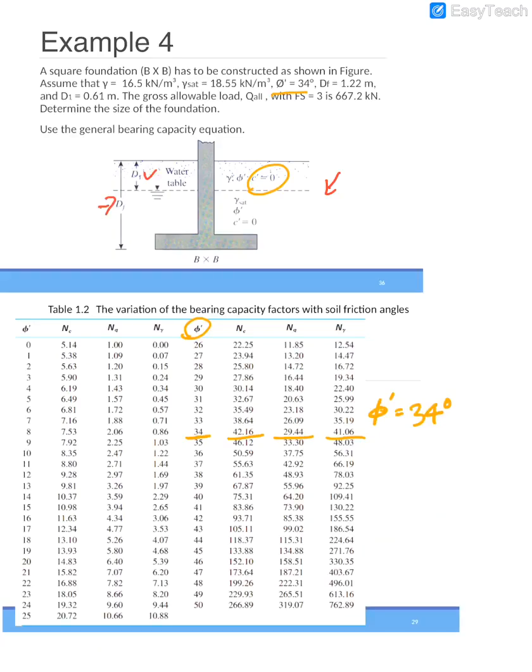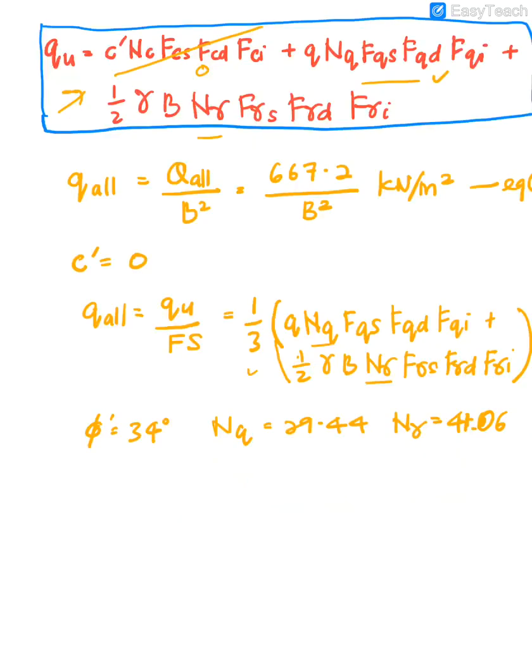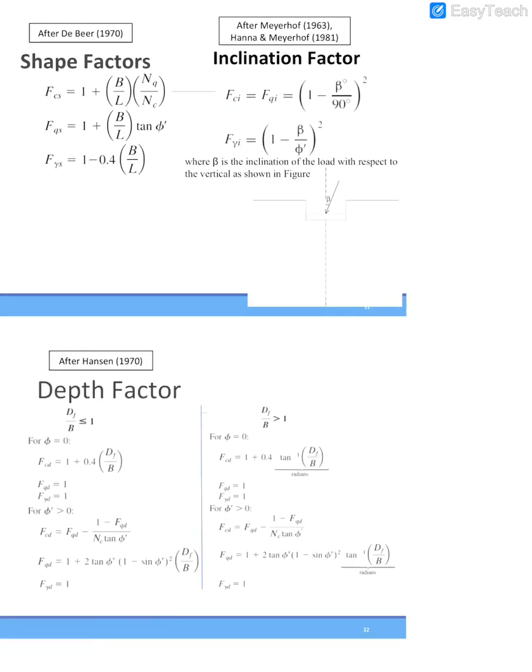Then you have to calculate all the shape factors and also the depth factors.